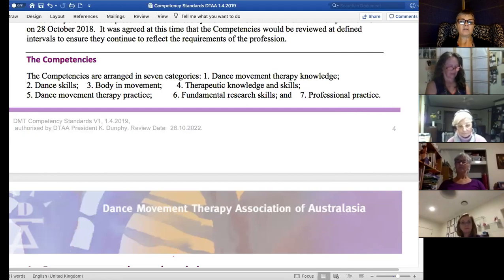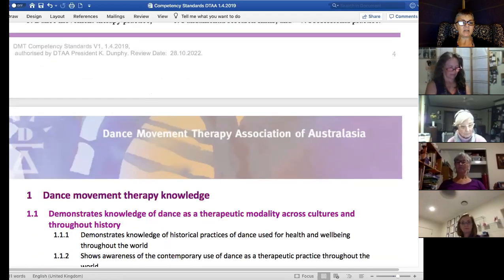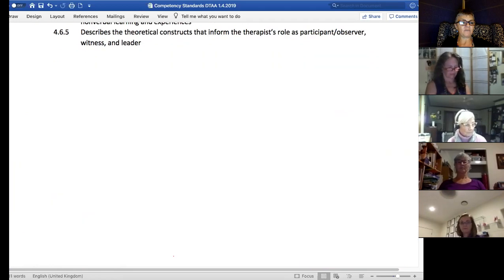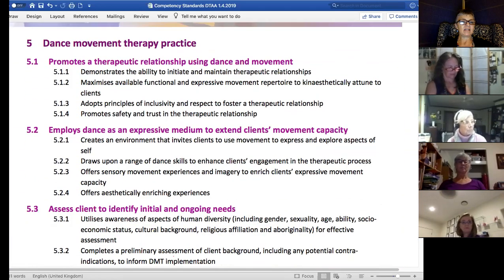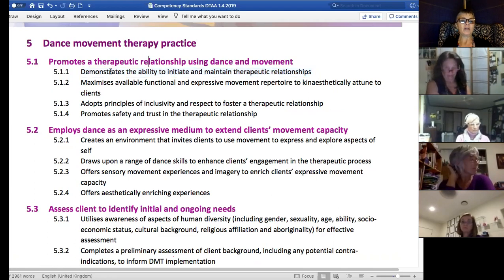But what we are specifying in the competency, just going down to number 5, is, for example, this very first one, the ability to initiate and maintain therapeutic relationships. The reason we have placement in our courses is to give trainee dance movement therapists the practice in doing that, so that they can do this. What the employer and the client want to know is that the dance movement therapist can do this.